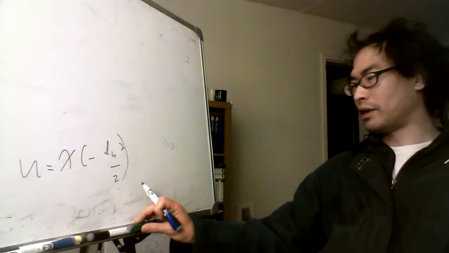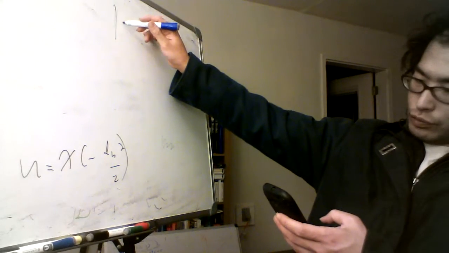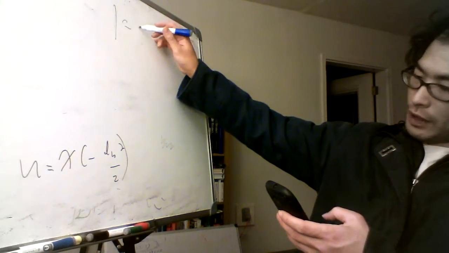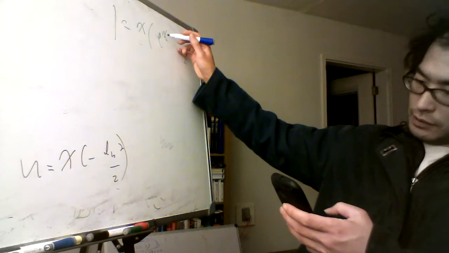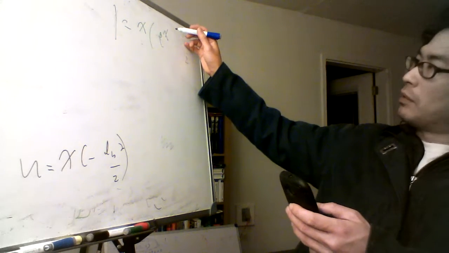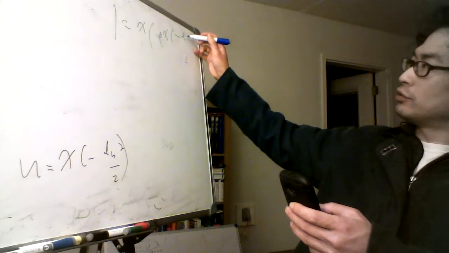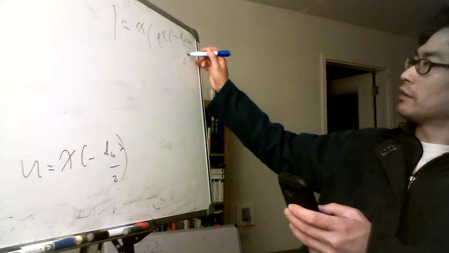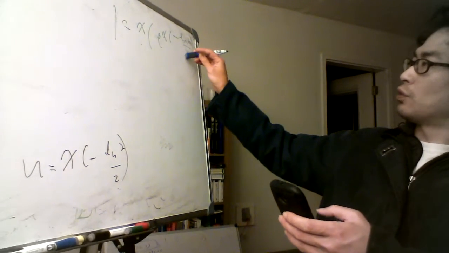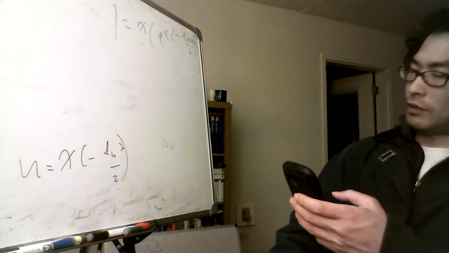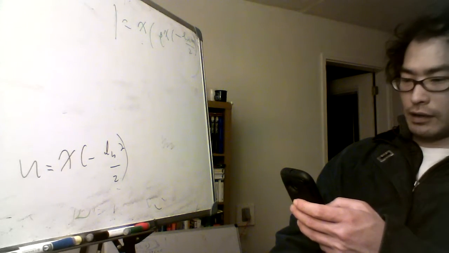With the green pen, so 1 is equal to x times e to the x, multiplied by minus ln 2 over 2. We got that.